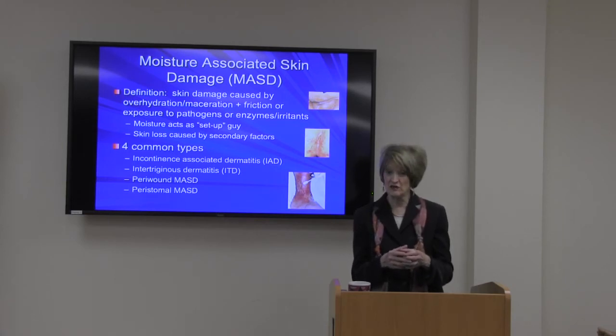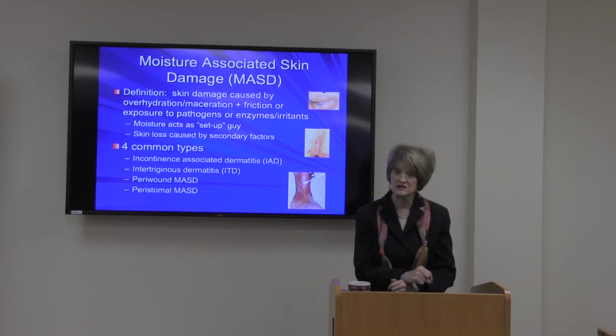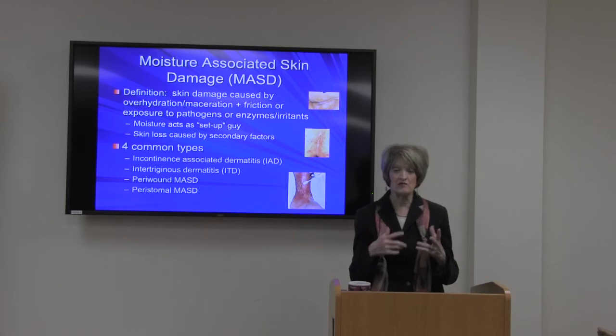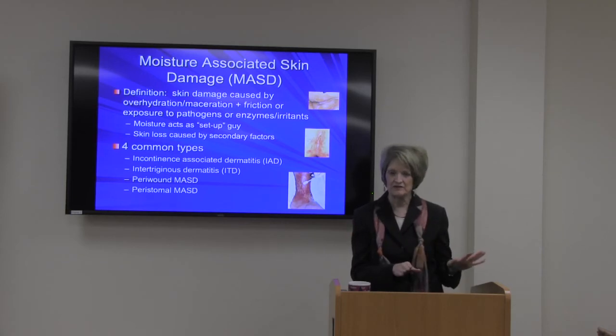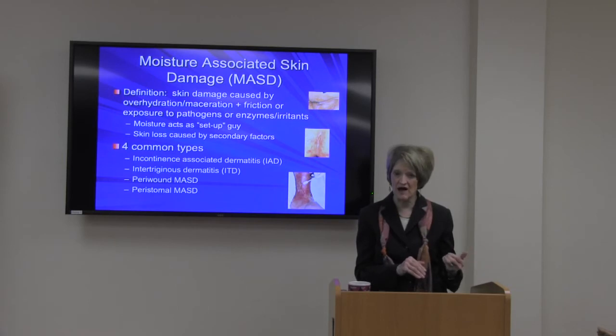Also, when the skin is overhydrated, you've lost a lot of the barrier function, and that means that it's much easier for irritants to penetrate, for enzymes to penetrate, for pathogens to penetrate. So you want to think of moisture as kind of the setup guy. It makes the skin much more vulnerable to every type of damage. And then the actual damage is typically caused either by mechanical forces like friction, pathogens, or irritants and enzymes.